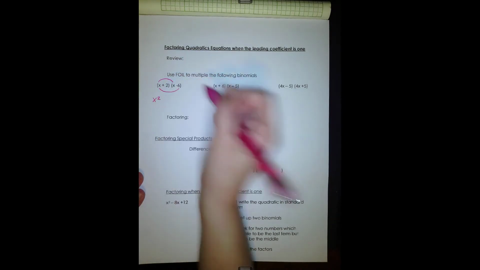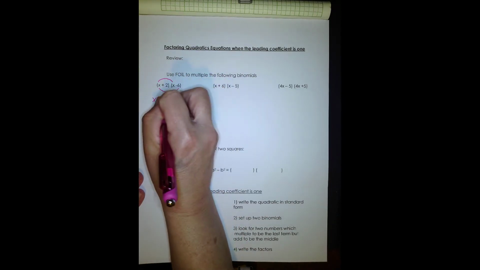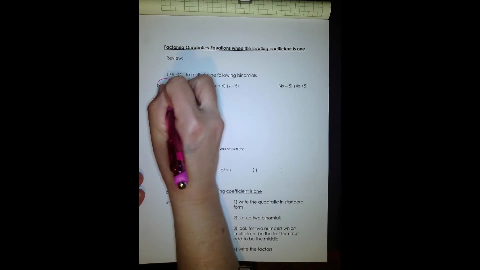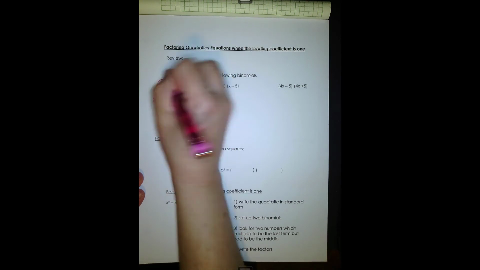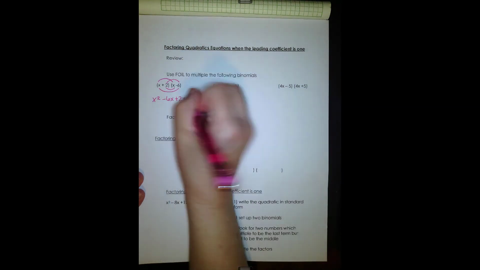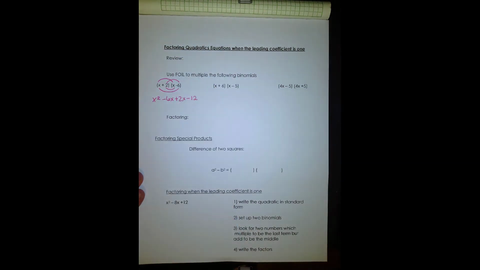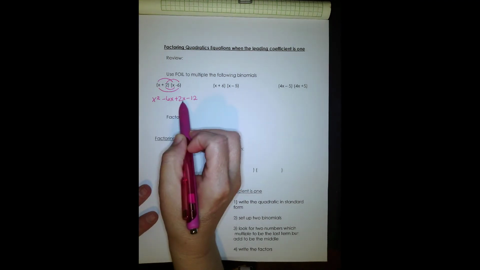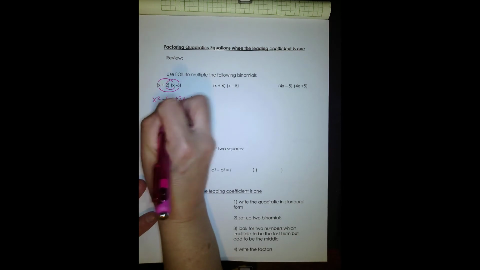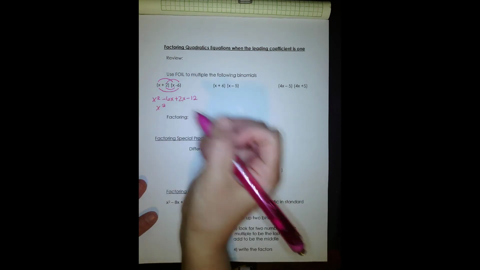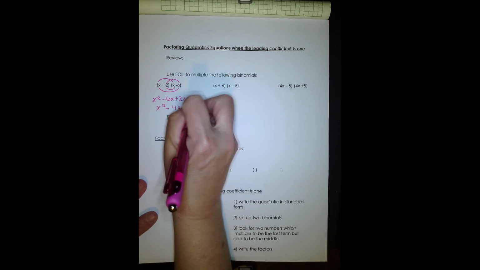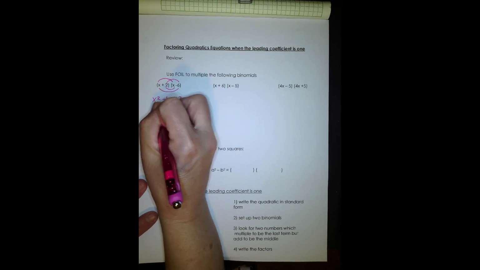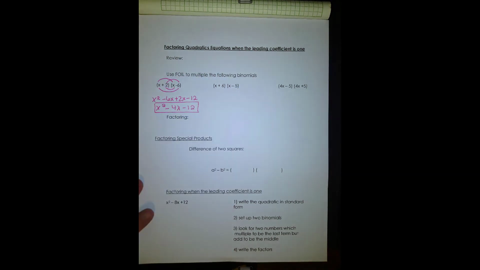Outside times outside, so x times negative 6 is negative 6x. Inside times inside would be plus 2x. And then last times last is negative 12. Remember, we combine our two middle terms together, and our final answer is x squared minus 4x minus 12. And then we end up with our trinomial.